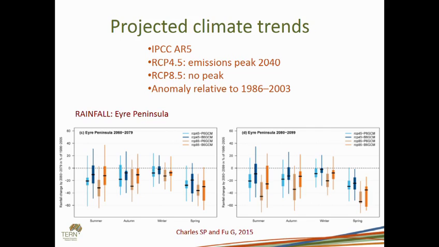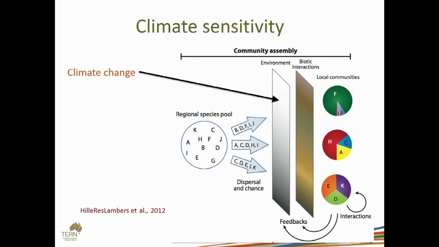This is an example for Eyre Peninsula, and again we're seeing in decades to come some pretty serious predicted deficits, especially for spring, up to as much as 30% declines, which sounds pretty extreme, but I think if we take the Western Australian example, we can see that these things can actually happen, so pretty strong deficits.